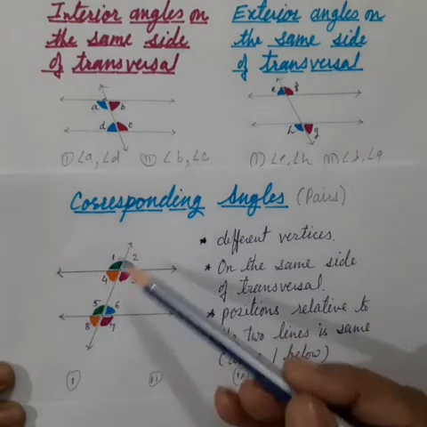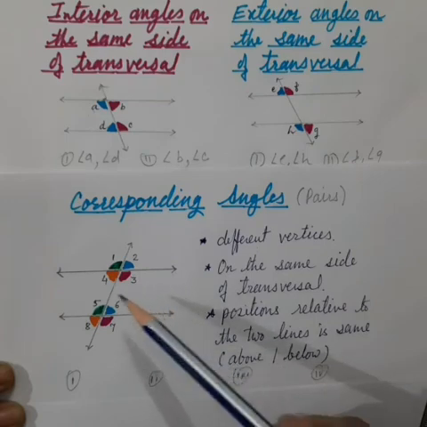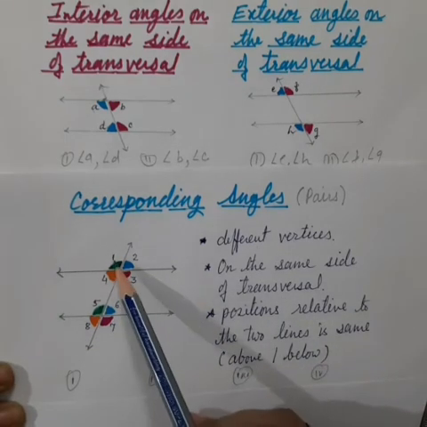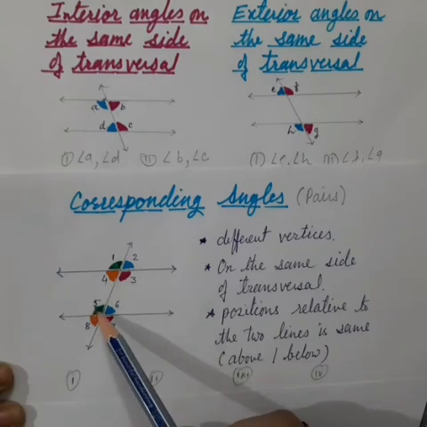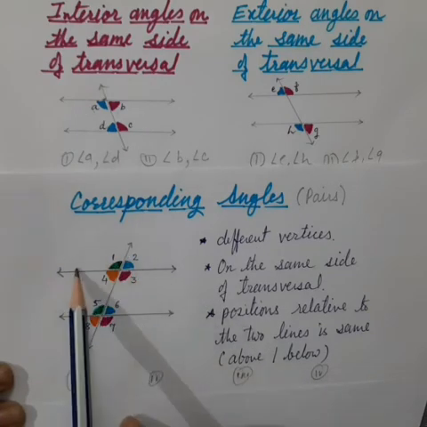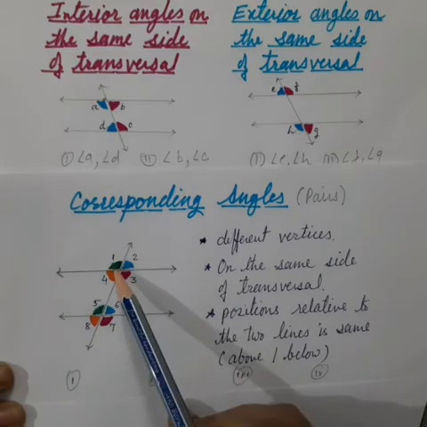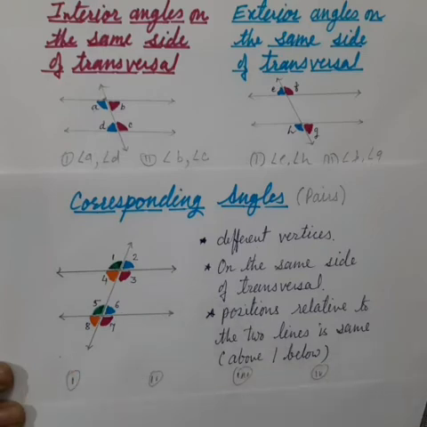Both are above the two lines or both are below these two lines. So see here angle 1 and angle 5. They have different vertices. Both are on the left side of the transversal and both are above these two lines. So these are corresponding angles, angle 1 and angle 5.